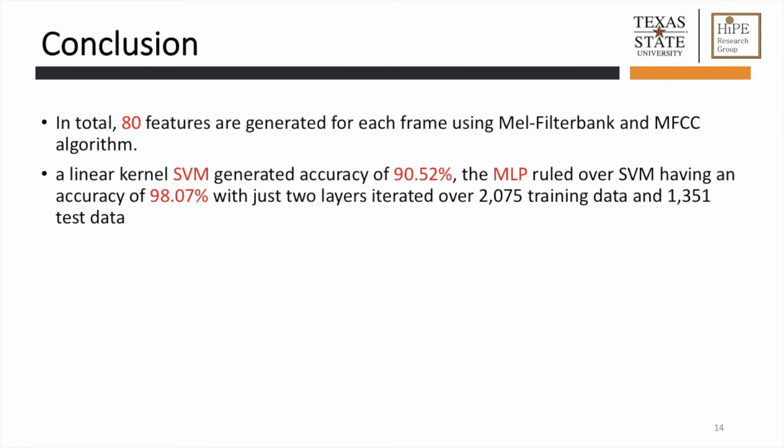So in total, 80 features are generated for each frame using the Mel-Filterbank and MFCC algorithms, and a linear kernel SVM generated an accuracy of 90.52%, and the MLP ruled over SVM, having an accuracy of 98.07% with just 2 layers, iterated over 2075 training data and 1351 test data.